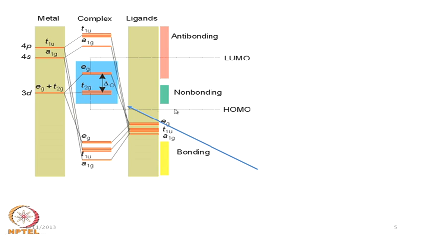So, in this particular case, we have 6 bonding orbitals in our hand, and what we have seen is that altogether we have 5, 1, 3, that means 9 orbitals on the metal and 6 from the ligand side. So, 15 orbitals we are having for sigma interactions.